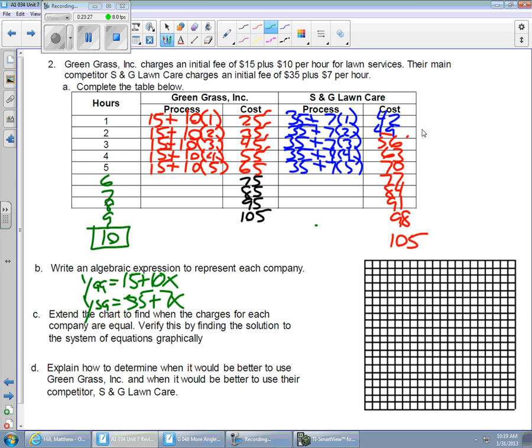Okay, Green Grass is cheaper at 1 hour, cheaper at 2 hours, cheaper at 3 hours, cheaper at 4, cheaper at 5, a little bit cheaper at 6, but then at 7 hours, Green Grass is actually charging a little bit more than S&G is. So the graphs must interchange somewhere in between there.